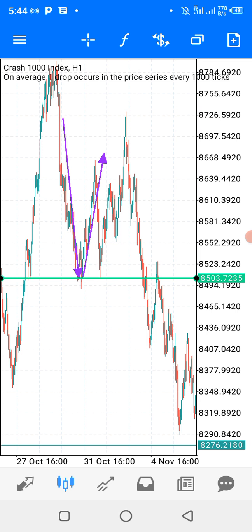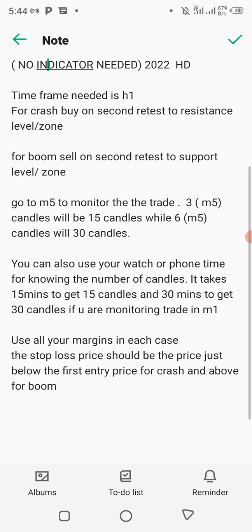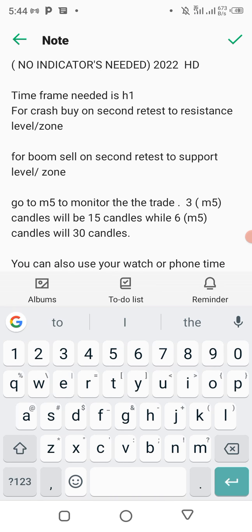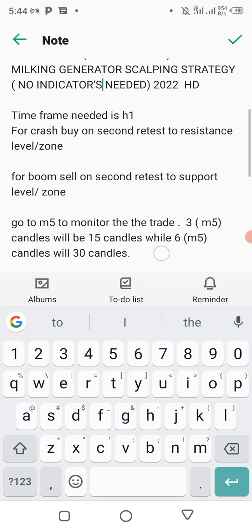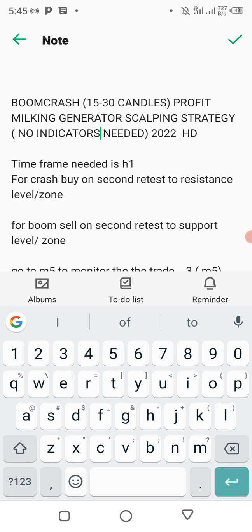So this is a support, though in the notes I said, for crash, buy on second retest to resistance. It's not resistance, please, I'm sorry.